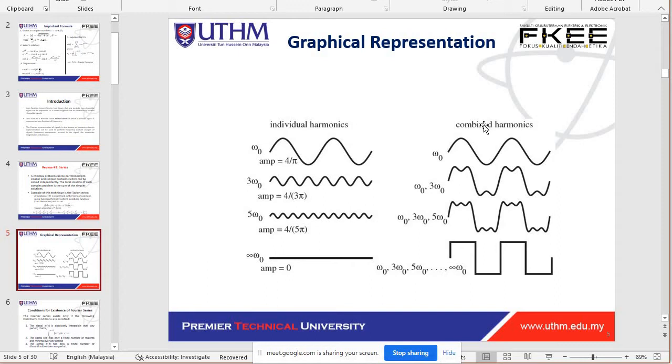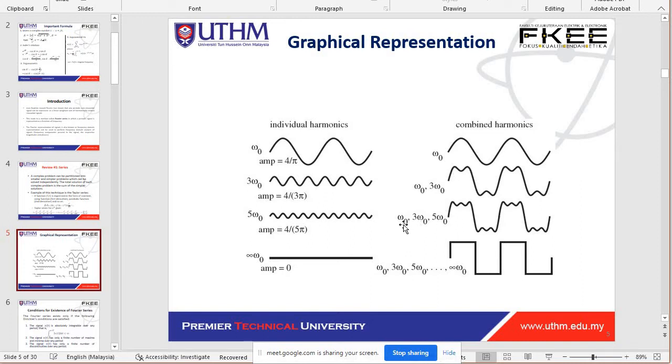So this is the combined harmonic between these few individual harmonics. This one is non-combined, it's just omega naught only. But this harmonic is a combination of omega naught and 3 omega naught. This means omega naught is combined with 3 omega naught. The big sine wave is omega naught, and the peak at the top or at the bottom is actually from the 3 omega naught.